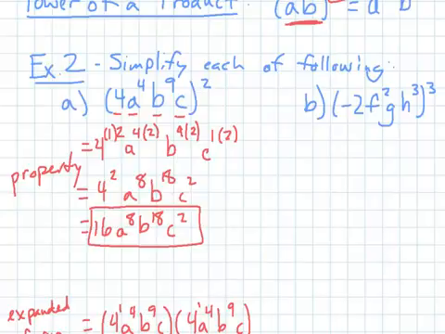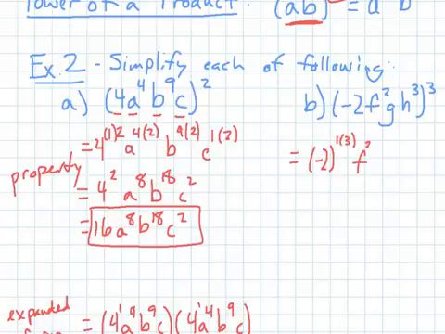Here I have to the 3rd. So I have negative 2 cubed, or 1 times 3, and then F 2 times 3, G 1 times 3, and H 3 times 3. Okay? Now, negative 2 to the 1/3 is going to be, or 1 times 3 is 3.